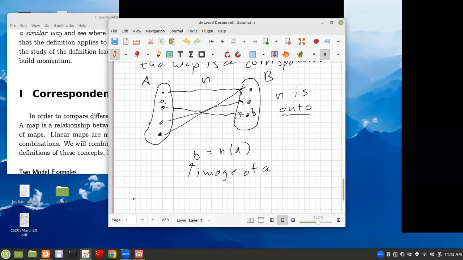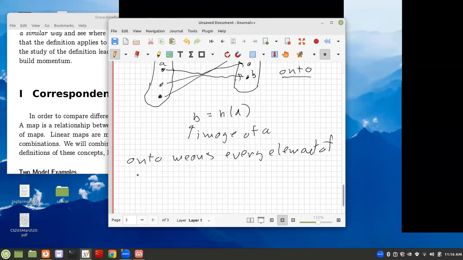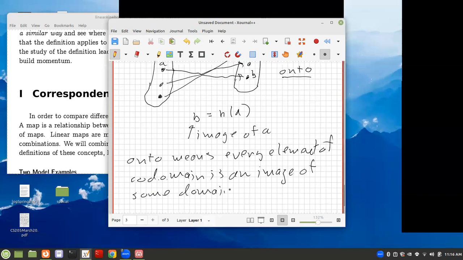So onto means every element of the codomain is an image of some domain element.